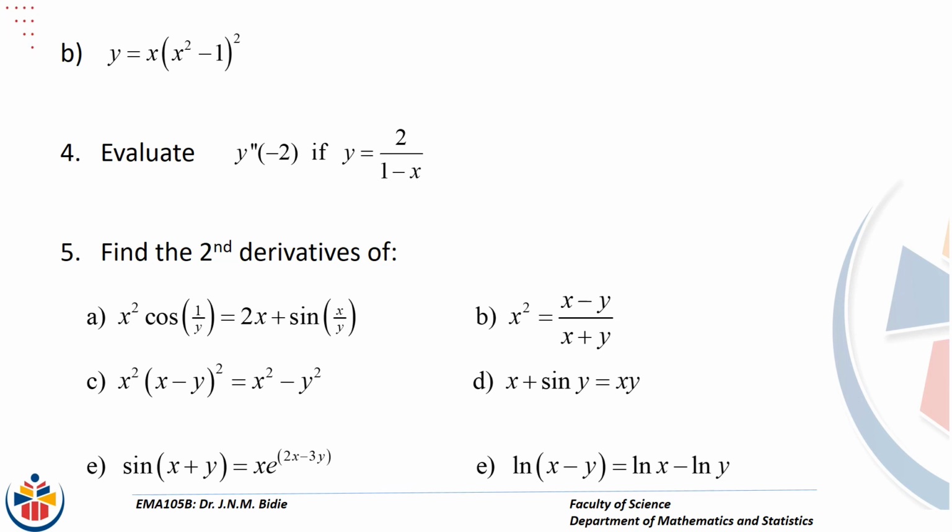Number 4 now includes expressions that are implicit. Implicit differentiation is required for number 4, and we're asked to find the second derivatives.